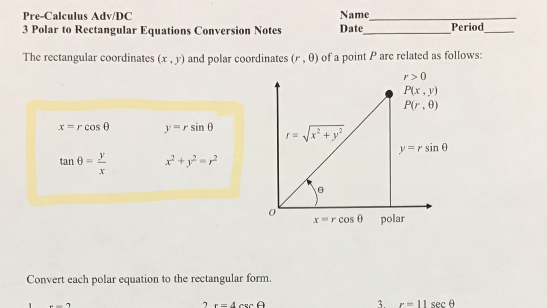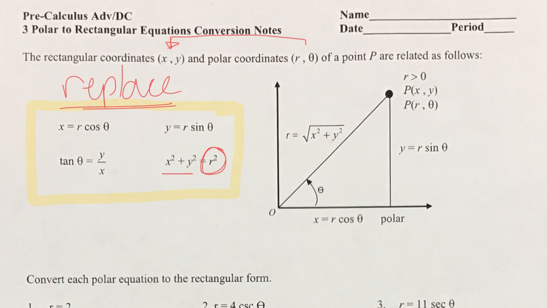So we are looking to replace things. Well, that's the question: what are we trying to replace? If we're going from polar to rectangular, we're trying to replace r squared. If you ever see an r squared in your equation, we're going to replace that with x squared plus y squared.